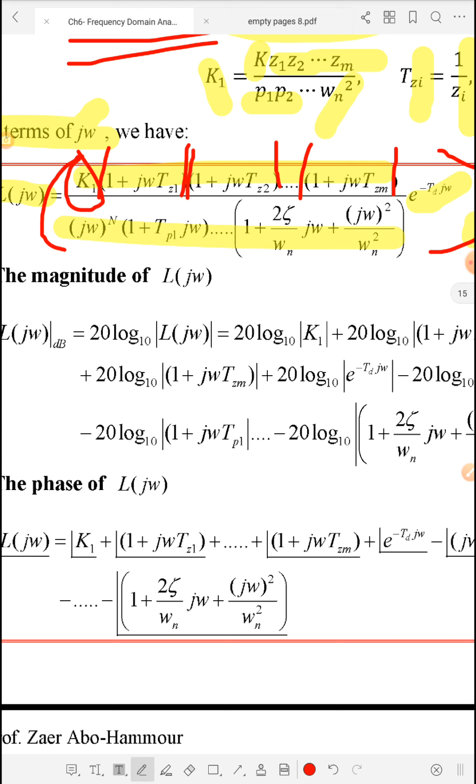And we divide it by the magnitude of this term, multiplied by the magnitude of this term, multiplied by the magnitude of this term, multiplied by the magnitude of this one, the delay.